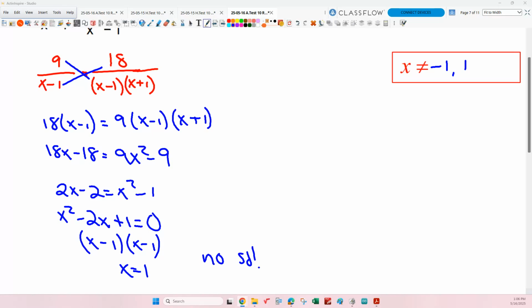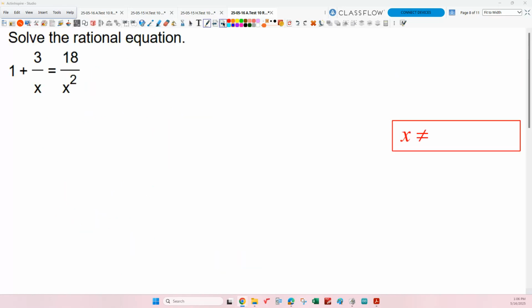There was a purpose, you know what it was. If I have two fractions equal to each other, what process do I use? Cross multiply. That'll save you some work. Any questions with this one? Do I have a fraction equal to a fraction?